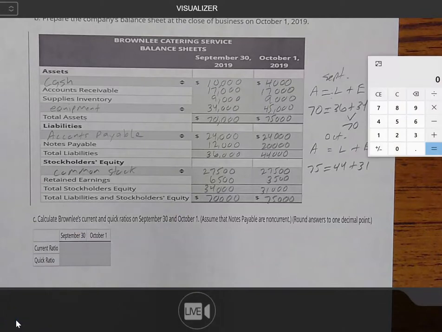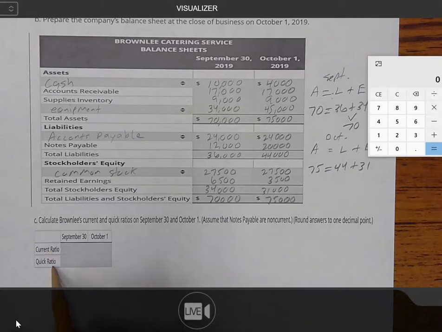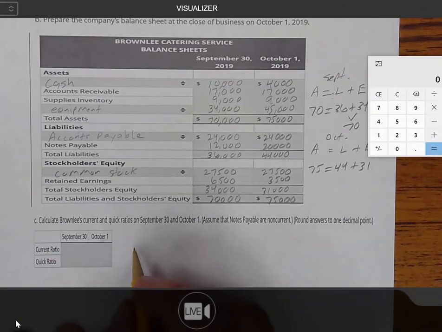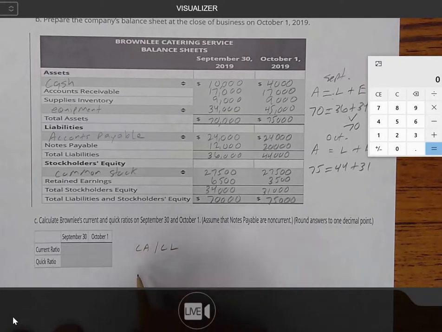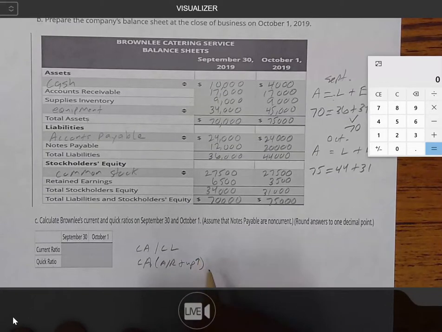So before we can do any of this, we have to know what the current ratio is and what the quick ratio is. The formula for current ratio is simply current assets divided by current liabilities. For the quick ratio, it is some current assets, basically accounts receivable and up, meaning up towards the top.